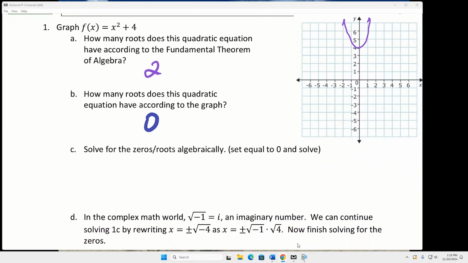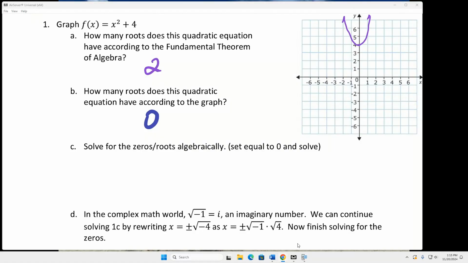All right, if we want to find roots or zeros algebraically, you set the function equal to 0 and solve it for x. So what would you guys do first to solve that for x? Subtract 4. And then what would you do? Take the square root. And don't forget that every time you're solving an equation by taking the square root, you have to take the positive and negative square root.